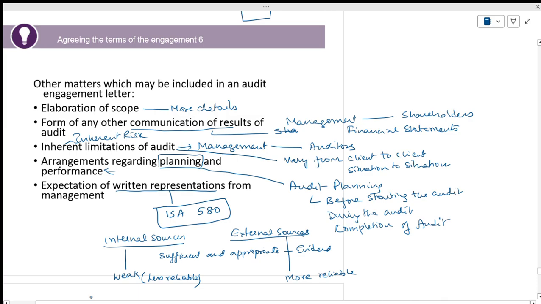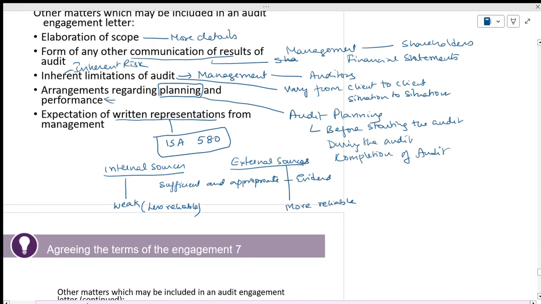You will come across many instances where you need information. A simple example, a very common example which will be tested in the examination: you want a confirmation of bank balance.